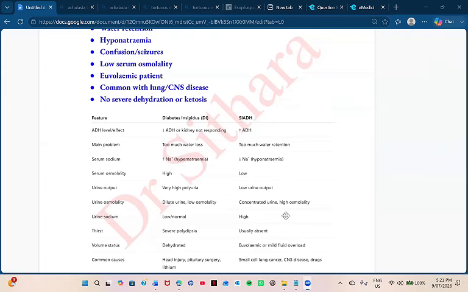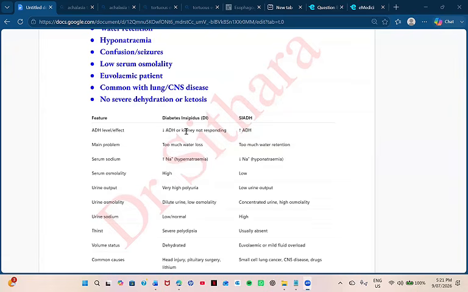And urine osmolarity is concentrated because of more sodium in urine. So remember: urine high, serum low. Low serum, high in urine. Then it's easy for you. And there is no edema or dehydration, so usually the patient is euvolemic in this case.